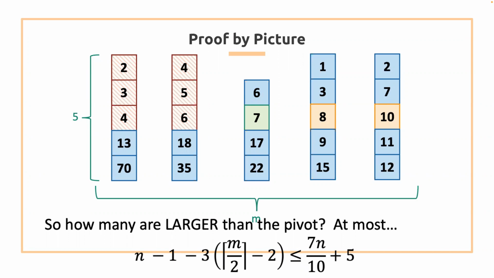So that's where the +5 comes from. And then 3 times n divided by 10 gives you 3n over 10. And then n minus that gives you 7n over 10, right? So we're simplifying the math. Right. So now we know both at least how many elements are smaller, and at most how many elements are bigger. Right?